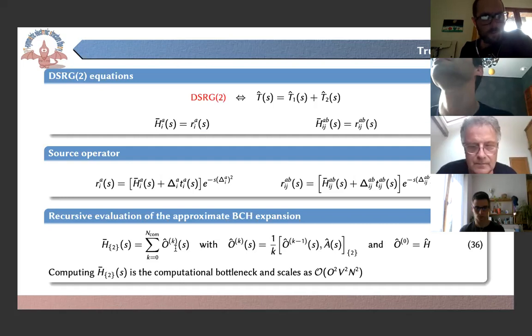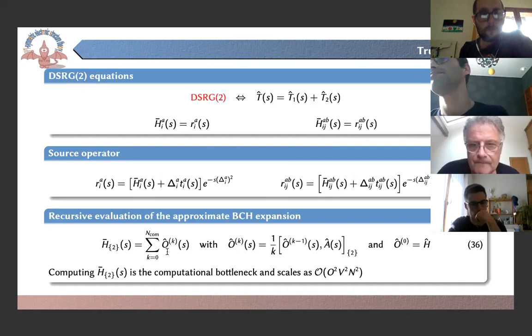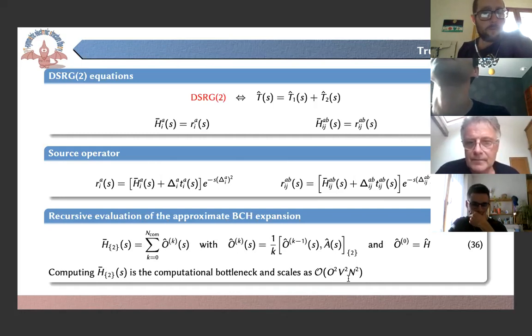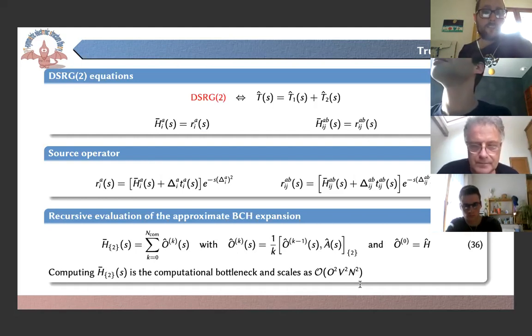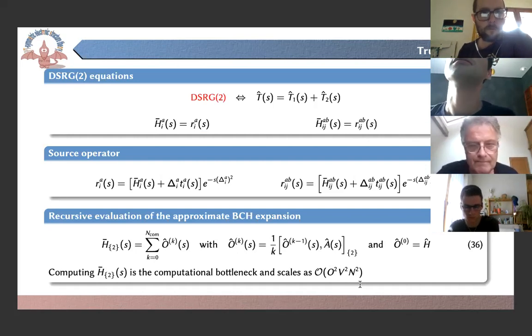What is important here is that this computation of the commutator is actually the computational bottleneck, and it's O squared V squared N squared, which is slightly more expensive than coupled cluster singles and doubles, but only slightly. CCSD is O squared V to the fourth, and here it's O squared V squared N squared, where O and V are the number of occupied and virtual orbitals. So it's a little bit more expensive, but it's marginal.